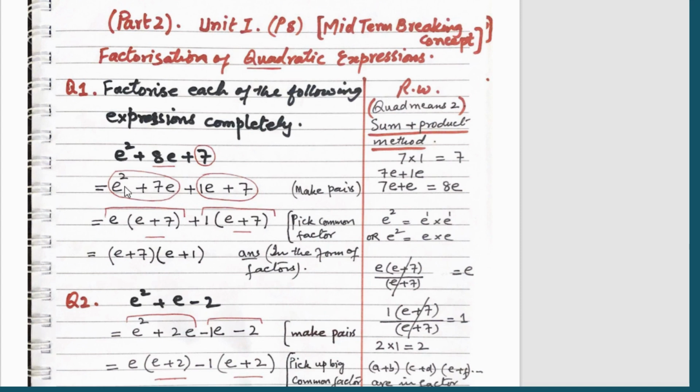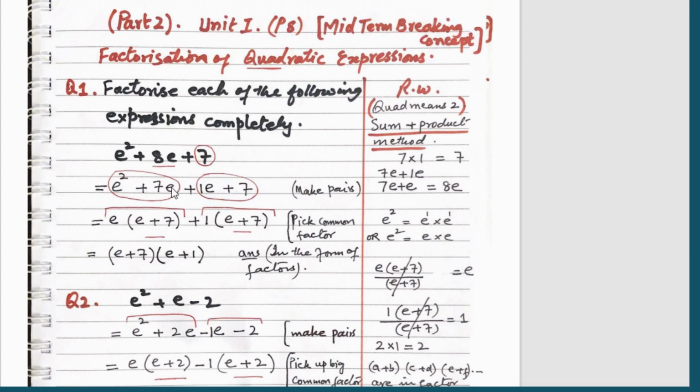E is common. When e square is over here, e square means e into e. Look up in the rough column. E square means e raised to power 1 into e raised to power 1, or e into e. It is understood there is power 1 on these e's. 1 is not necessary to write down, but it is understood. Now, if e square means e into e, it means 1 e is present over here, 1 e is present over here.